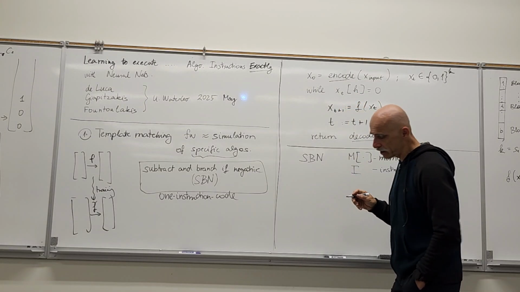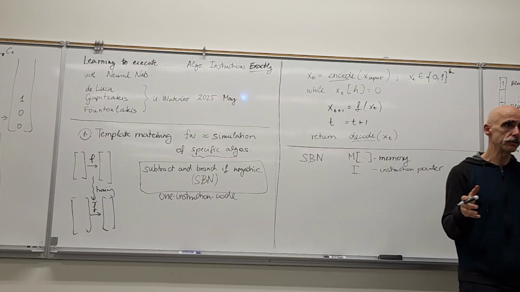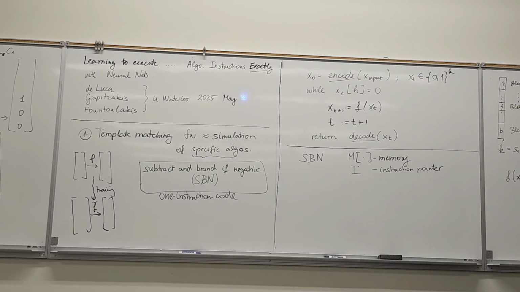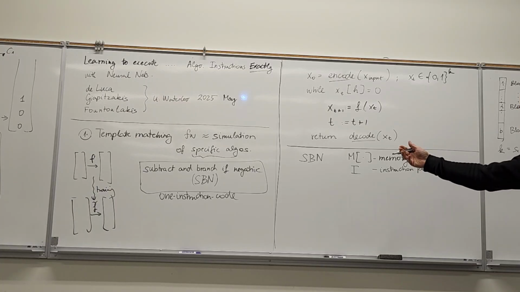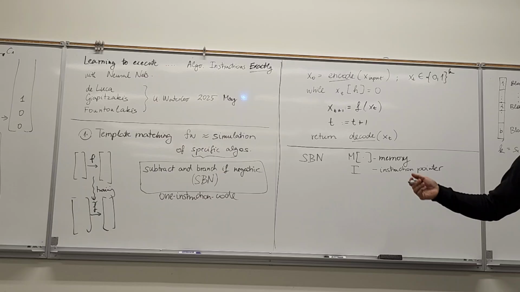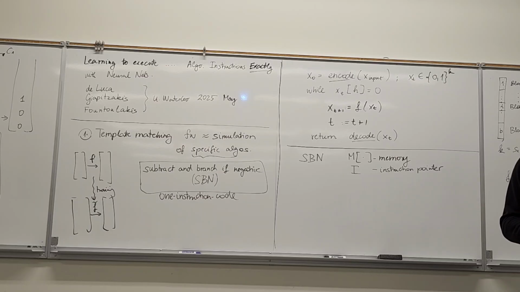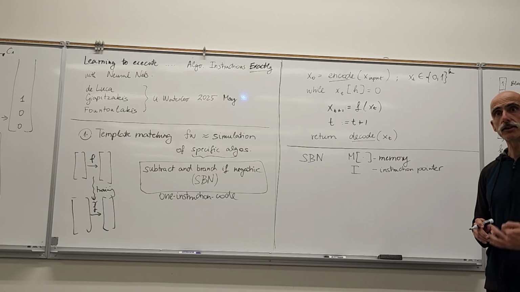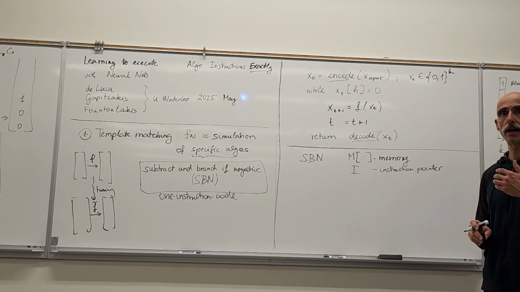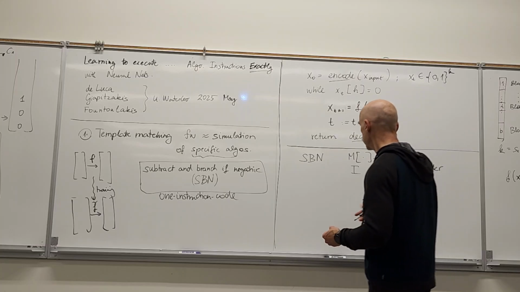The instruction pointer can point to one of the instructions. Every instruction is going to take this SBN form. That's why it's called one instruction code, because there is only one type of instruction. And the instruction itself is going to have three parameters, A, B, and C.